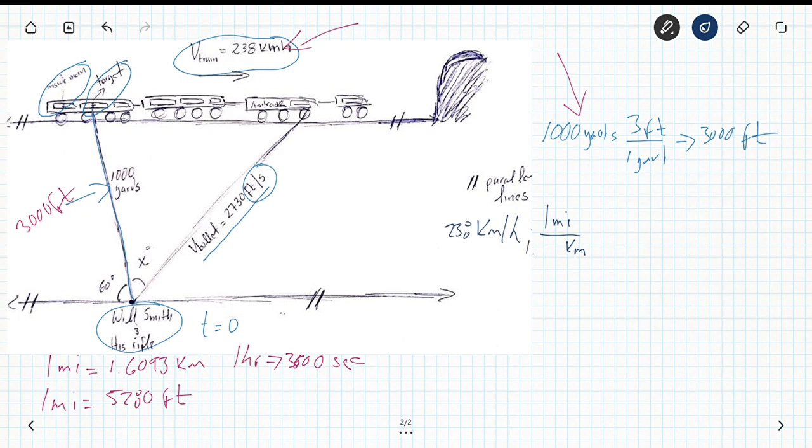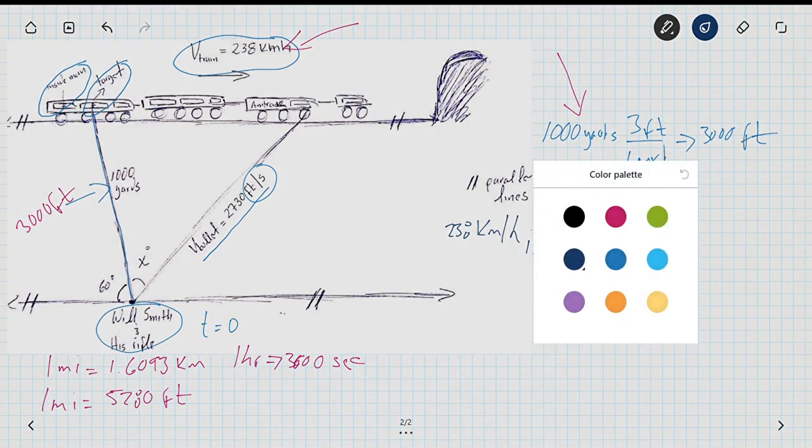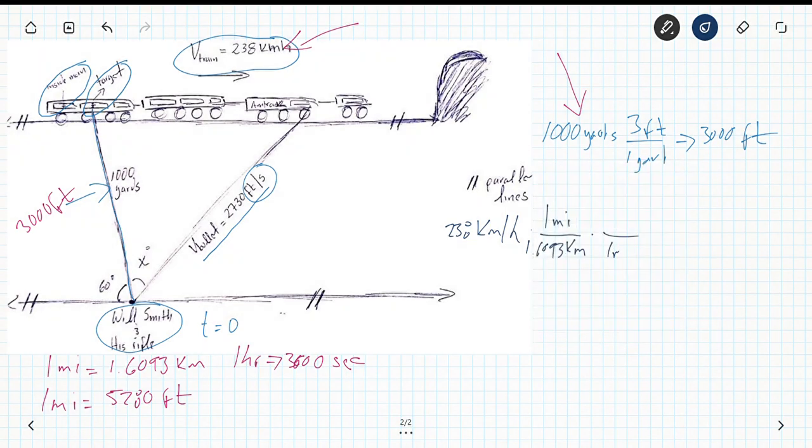equals 1.6093, and then the other unit we want to work with is feet, so we need to get rid of miles. So therefore we know that 1 mile equals 5,280 feet.